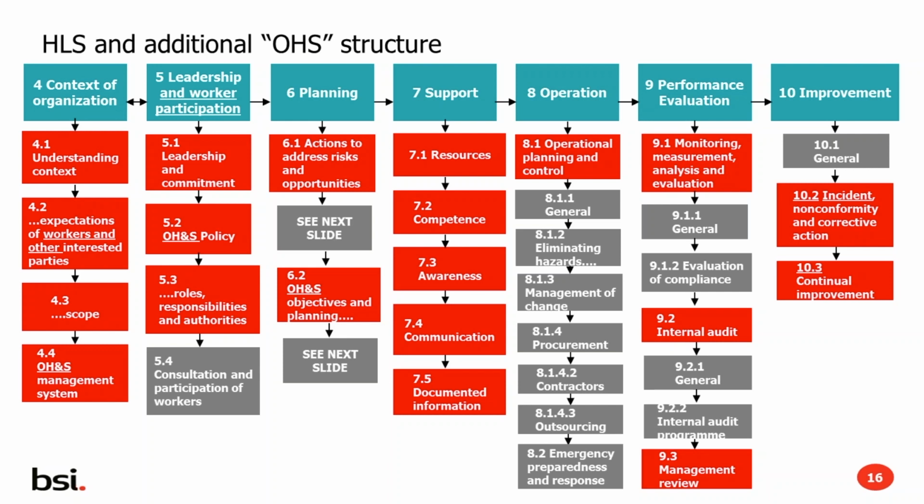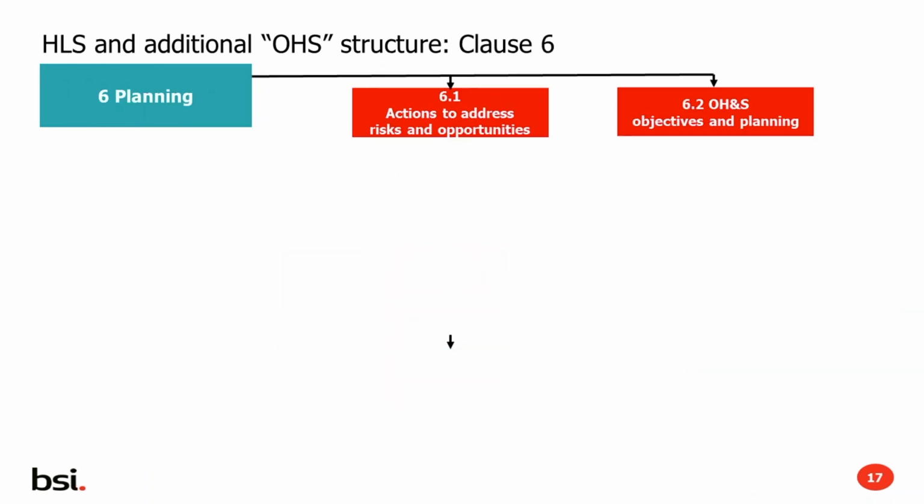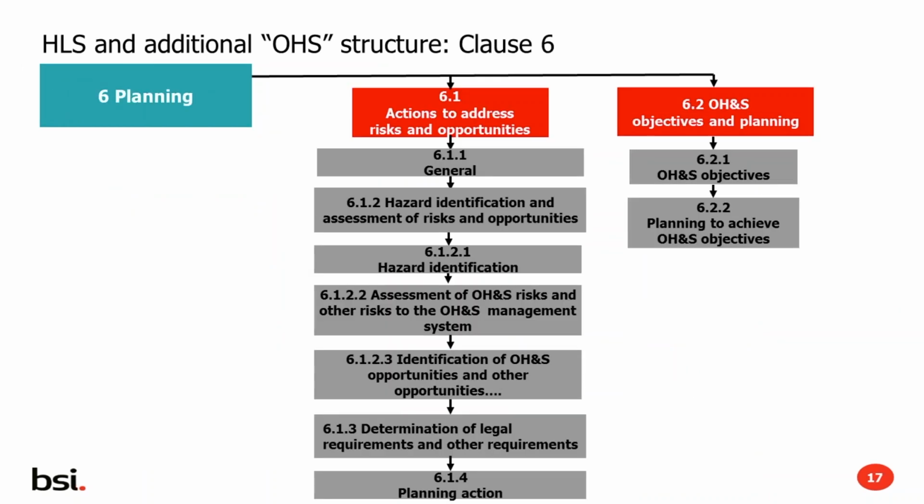And then 9, you've got specific requirements, again, to address at 45,001. And then 10, you would have a little bit of it against the 45,001 only, in comparison to the high-level structure unified requirements.